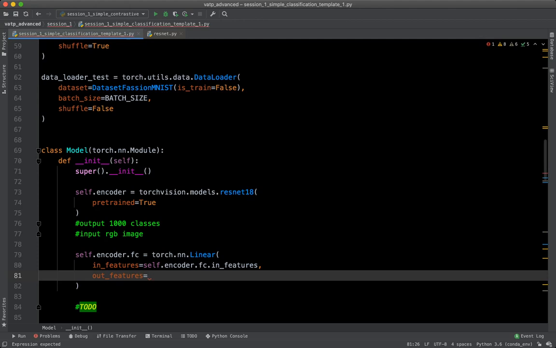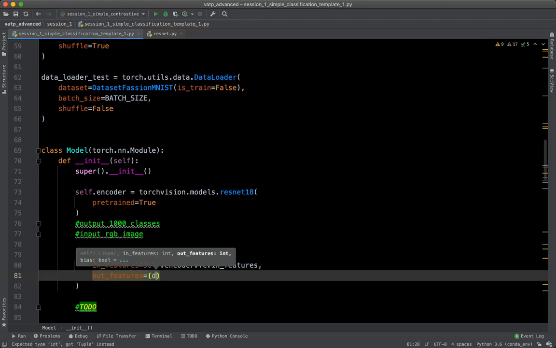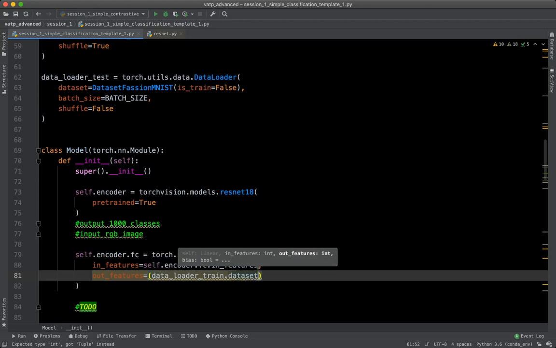Let us think what we could do, but maybe I can show you also how to access that information in a not so hard coded manner. So if I use the data loader train, inside that one there is a dataset, and inside that one there is a data that is my own variable that you can find up there, and then there is classes that you can look in that variable, and you will see that they provide the names of the classes.